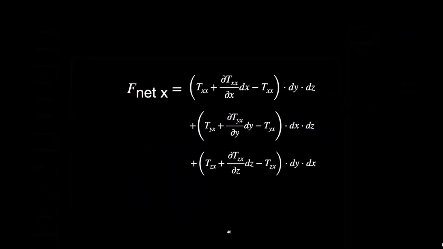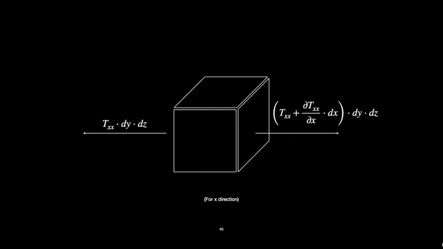Now, this equation. Look at the very first term: Txx plus the partial of Txx with respect to x times dx. We see the change over how far we go, multiply it by how far we went, and add it to the initial term.